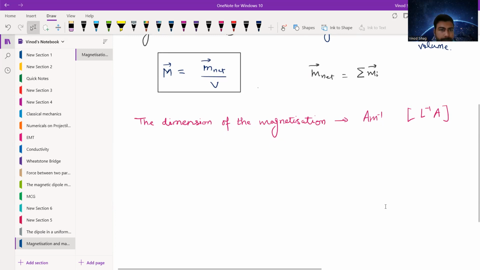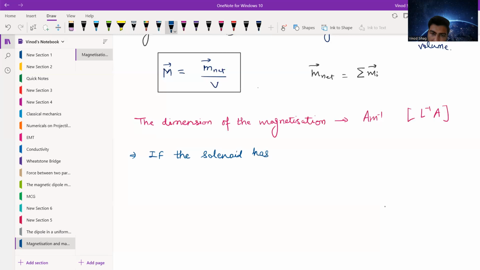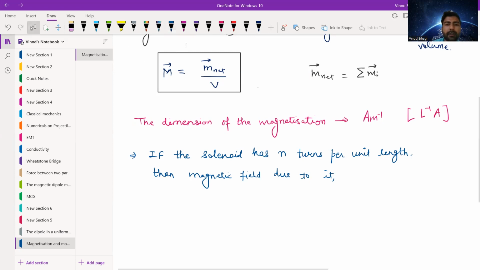Now, if the solenoid has n turns per unit length, what will be the magnetic field due to it?